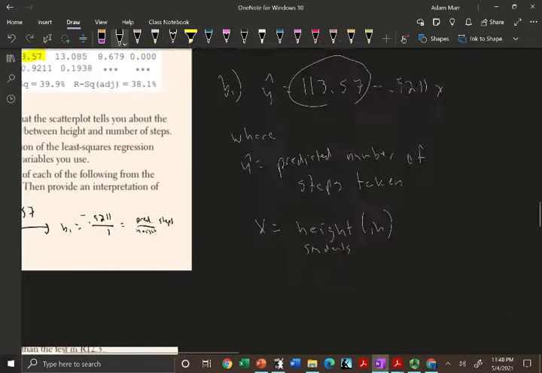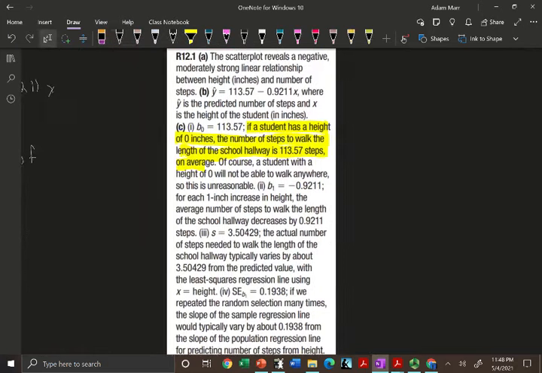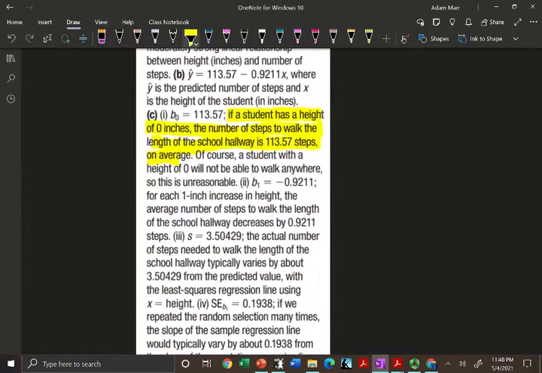Something like that. Let's see what they say. Pretty similar. For each 1 inch increase in height, the average number of steps to walk the length of the school hallway decreases by 0.9211 steps.